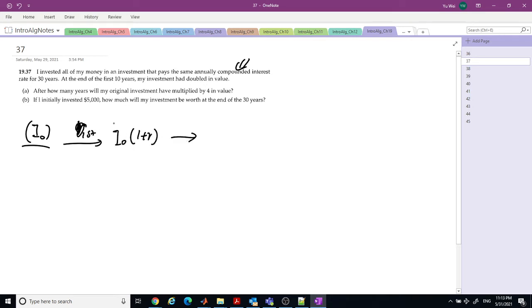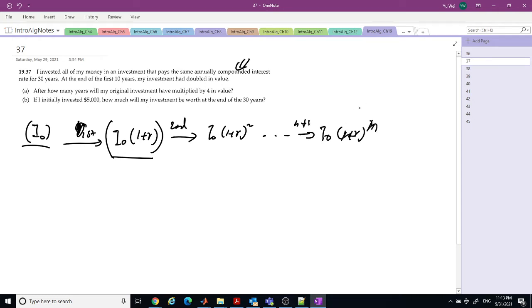In the second year, all this will be the new principal, so you will have I0 times (1 plus R) squared. So after n years, you will have I0 times (1 plus R) to the n.